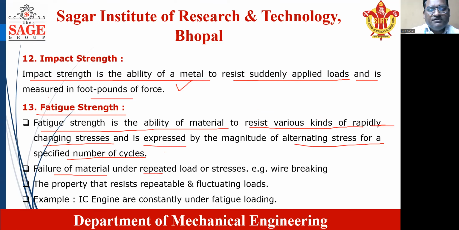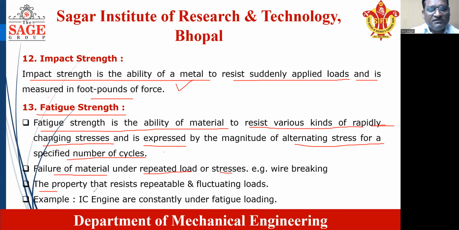Fatigue is the property that shows the failure of material under repeated load or stresses. For example, wire breaking. If you take a wire of a small length and apply cyclic loading, that is known as repeated load. After some time, we will find that the wire is broken.